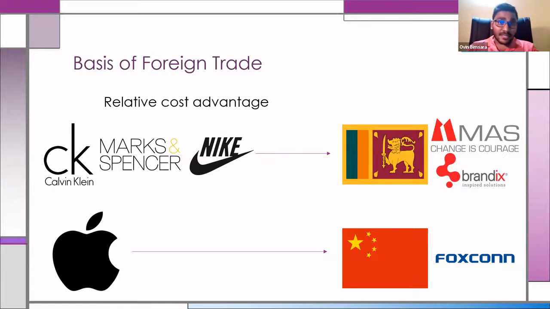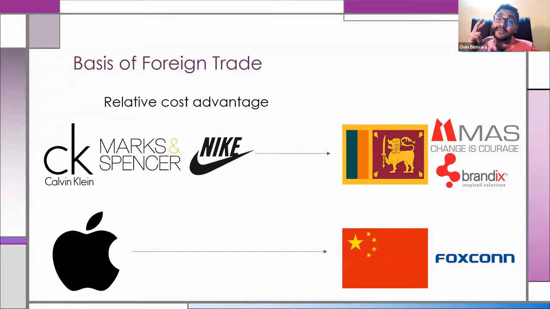When it comes to Calvin Klein, Marks and Spencer, Gap, then Nike, all these brands are located in different countries. The mother countries may be the US, maybe the UK. But the production happens in Sri Lanka in factories like MAS or Brandix. When it comes to Apple products, the Apple design occurs in California, at Silicon Valley, at the head office.